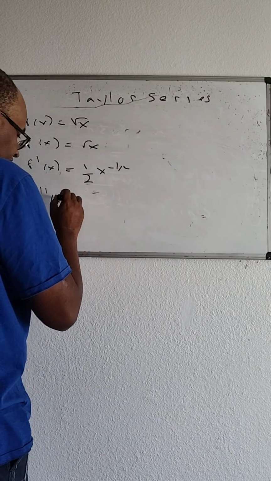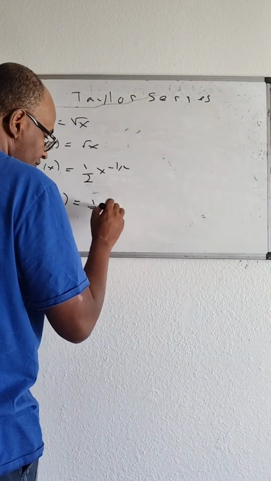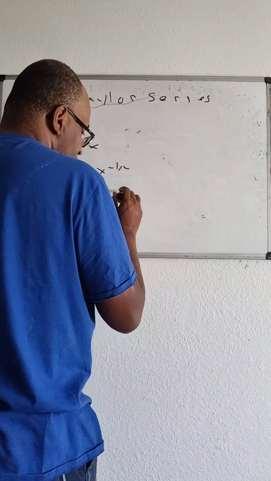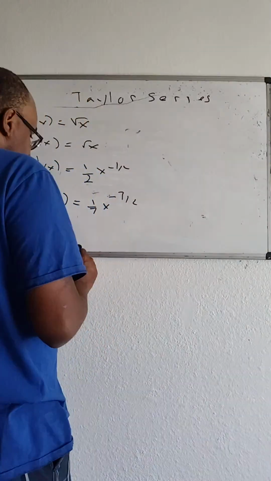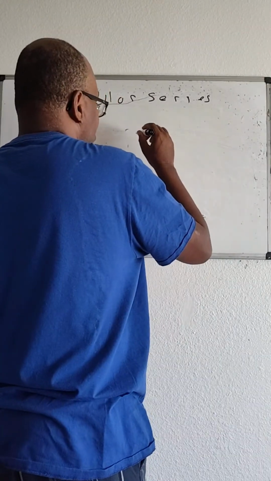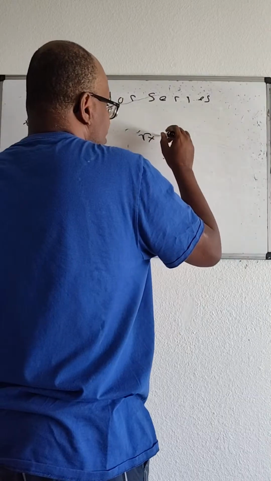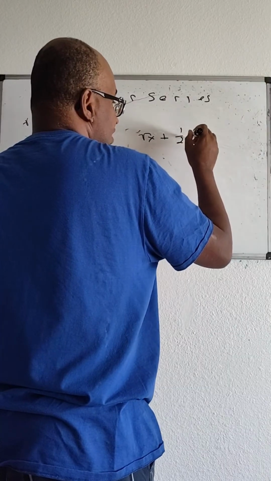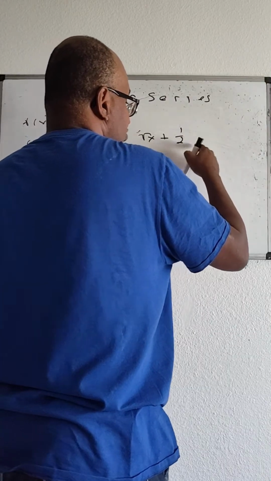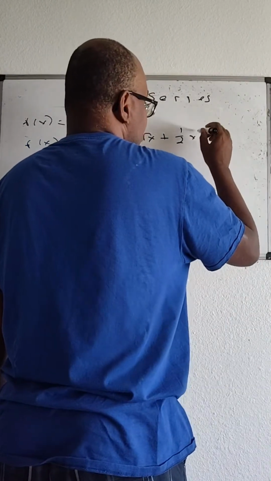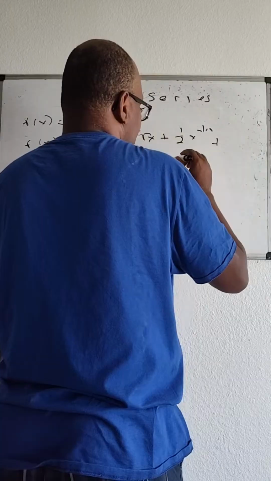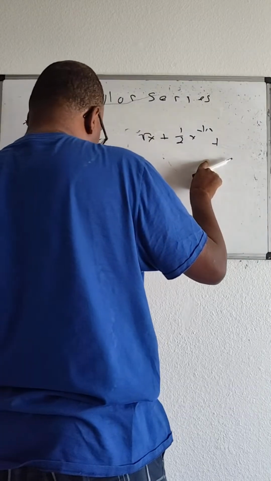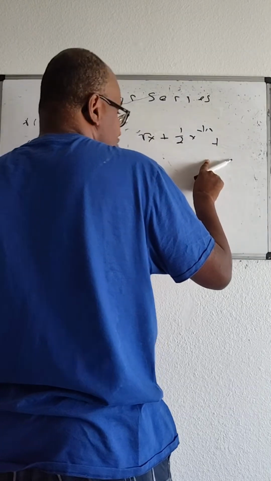You do the second derivative: 1/4, and negative 1 to that, so it'll be negative, so negative 3/2. So we'll keep it like that. So we do the function root of x, plus 1/2 times x to the negative half power, plus 2 times 1, so it'll be 4 times 2, 8.